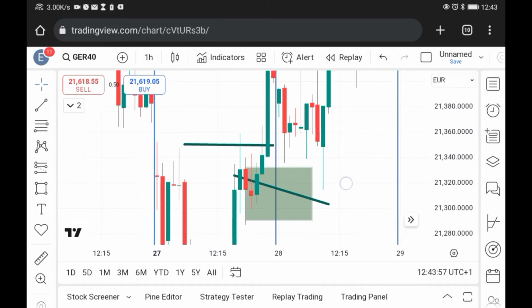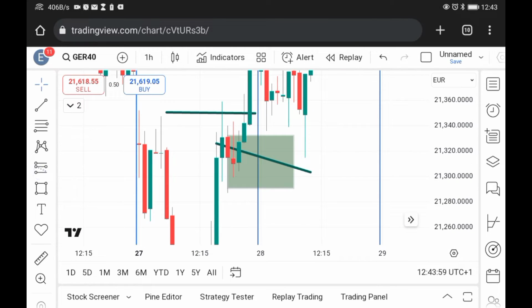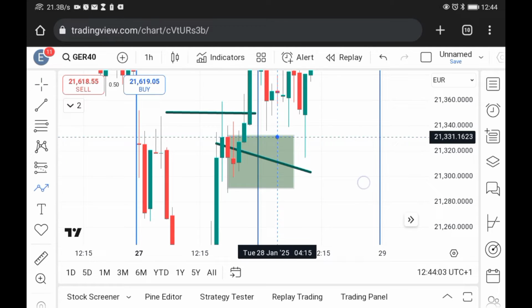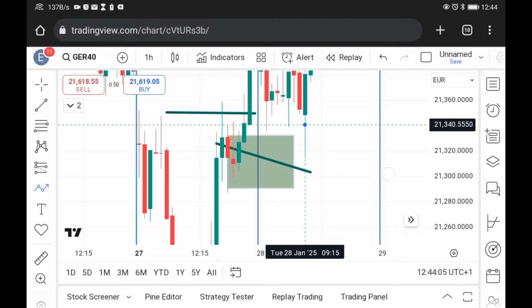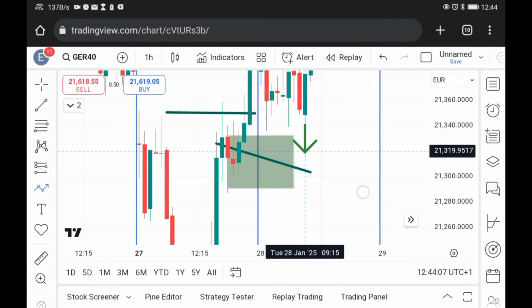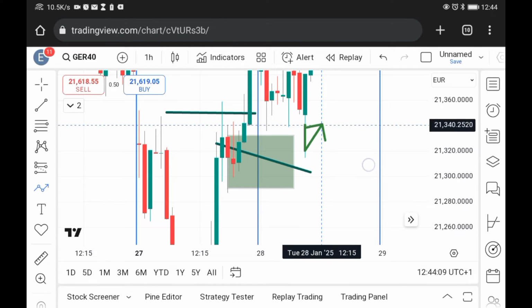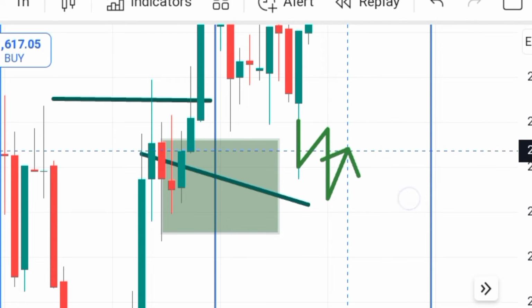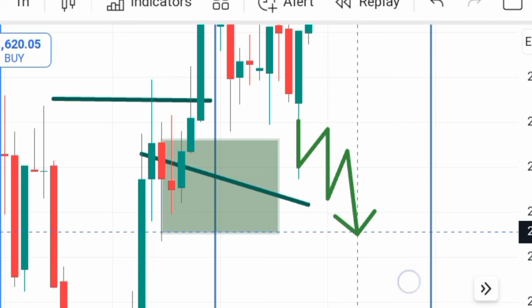So a shift in market structure in this zone will look like this. I'll be expecting the market on my 5 minutes to do something like this. The market has to do something like this into this zone.